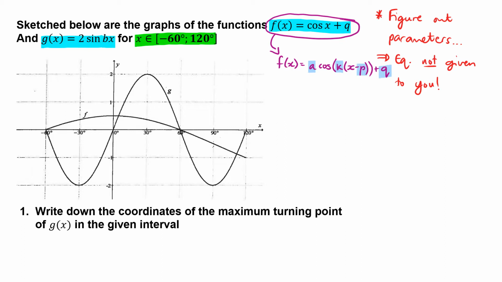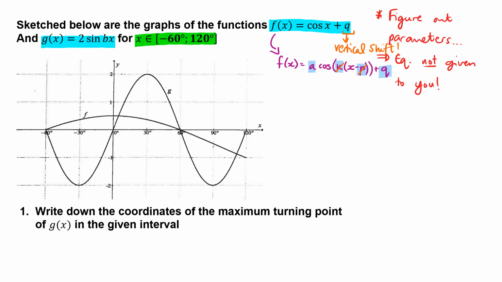And you can see that what we're given in the question is simply cos x plus q. So we don't have to worry about a k value or a p value. All we worry about is q, and you know that that is a vertical shift. So we know that we're dealing with a cos function that has been shifted vertically.